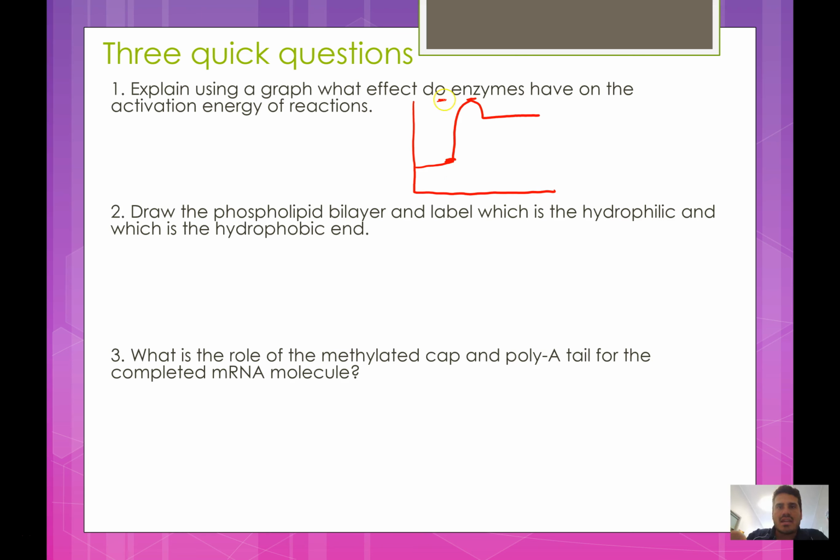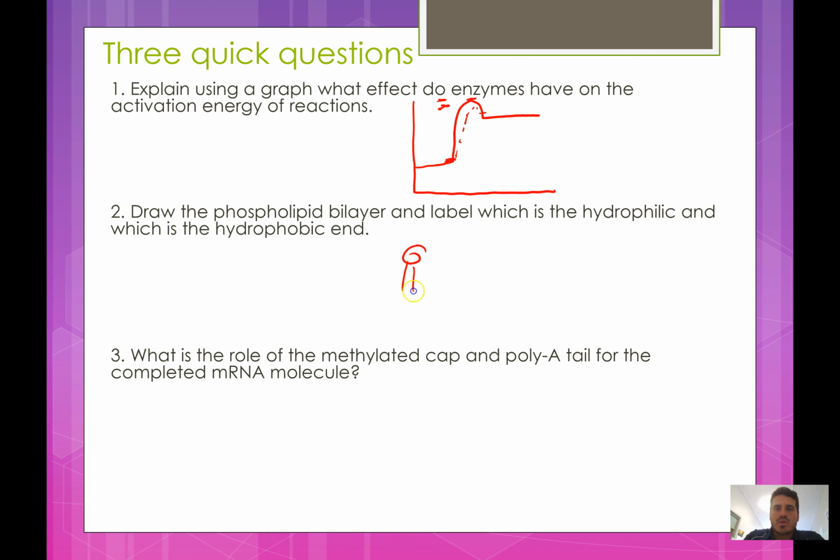That's the amount of energy that needs to be inputted into the reaction for it to happen. What does an enzyme do? An enzyme, this ticked little line here, lowers that activation energy. So now we only need that much energy, okay? Doesn't seem like a lot, but that lowering of the activation energy means the reaction can actually happen inside of our bodies, for example.